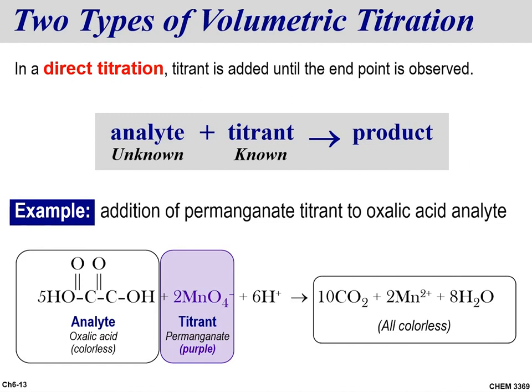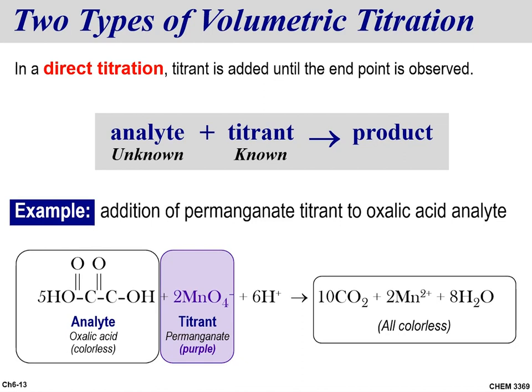So we can calculate, since this is a standard titrant, we will know the moles of permanganate once we determine the endpoint. Now, from the stoichiometry of the reaction, we can calculate how many moles of oxalate was used in that titration. Okay, so 2 moles of permanganate in this titration require 5 moles of oxalate.